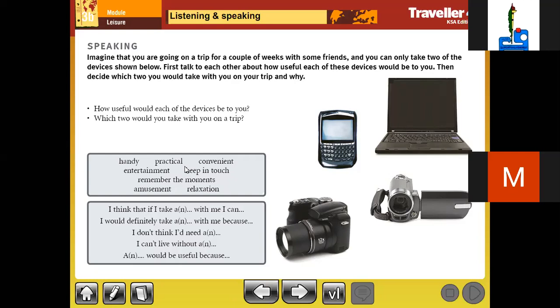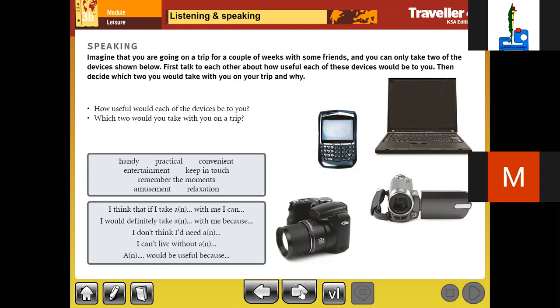And remember the moments to bring back memories، يسترجع الذكريات واللحظات، يتذكر اللحظات. Amusement means the state of finding something funny, to have fun and so on. And relaxation, to be free from tension and anxiety, to be relaxed, to feel relaxation يعني تسترخي وتطلع من التوتر.